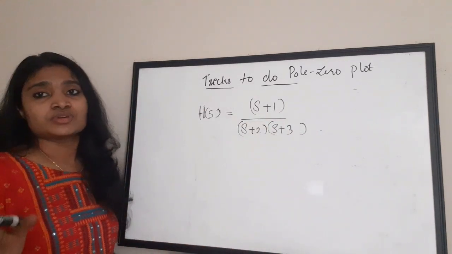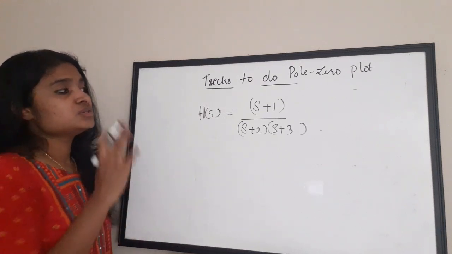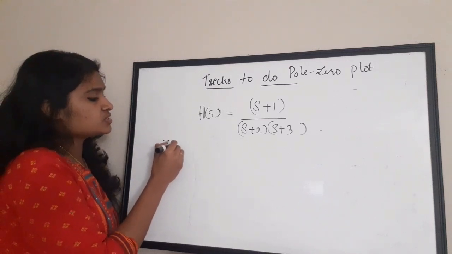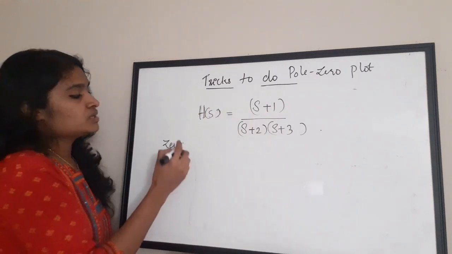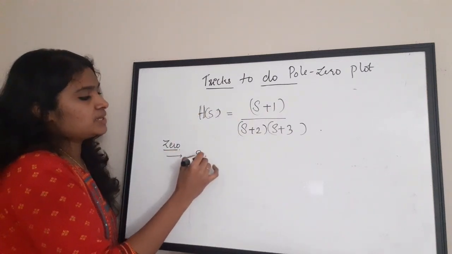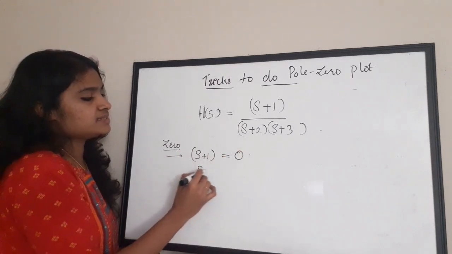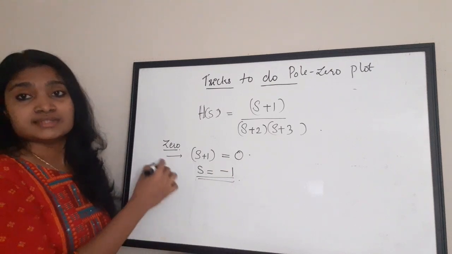This is my transfer function. How to obtain the values of poles and the values of zeros? As I said in the beginning, zero is obtained by equating your numerator to 0. So s plus 1 is equal to 0 and s is equal to minus 1. This is the value of your zero.